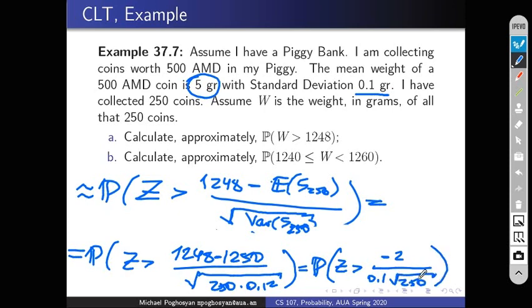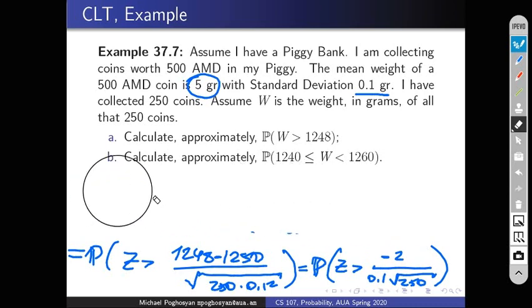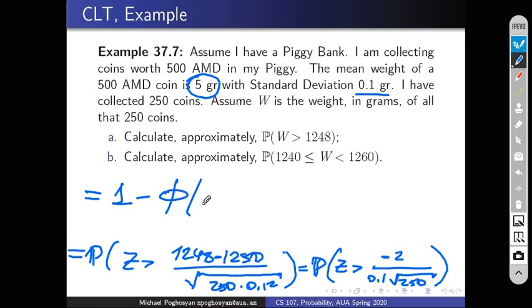To calculate this probability, to use the CDF of the standard normal, I write it in the following way: 1 minus the probability that z is less or equal than that. The probability that z is less or equal than some number is the CDF value at that number.